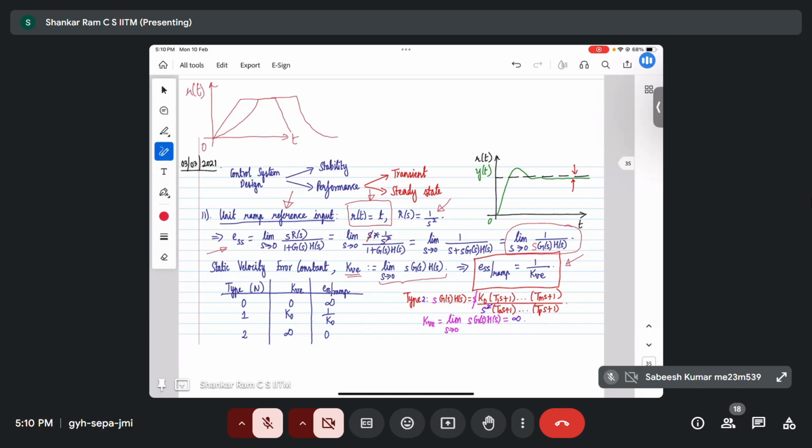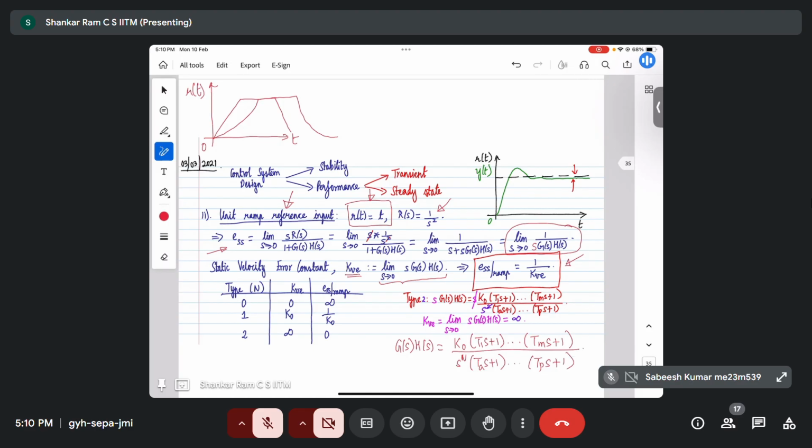For a type 0 system, K_VE becomes 0, because if we recall, this is the canonical form for the open loop transfer function that we are considering in this discussion. So we have s to the power N, (T_a s + 1) all the way till (T_p s + 1).